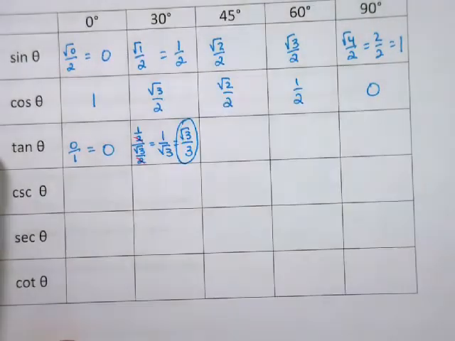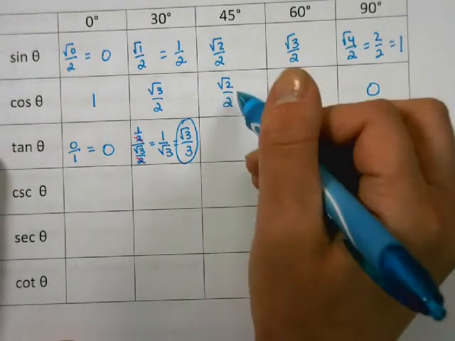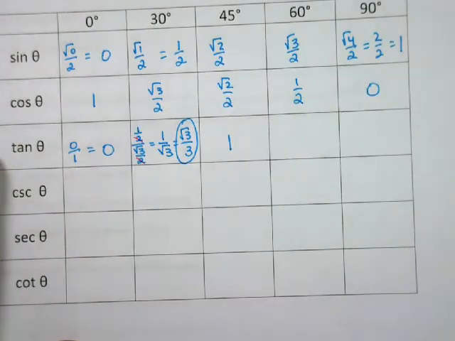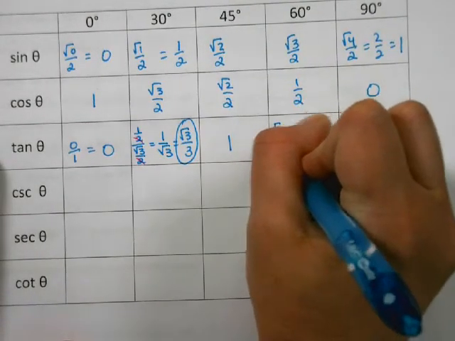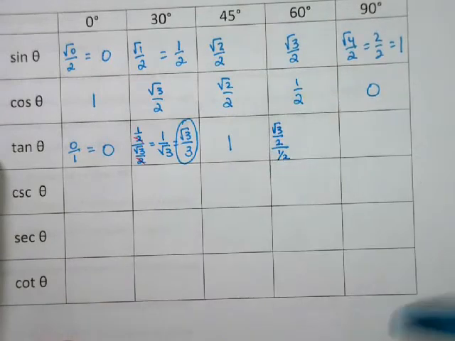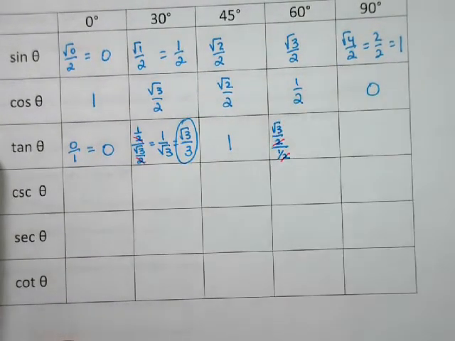We'll circle, so you know what he is. All right, how about root 2 over 2 over root 2 over 2? 1. It's the same thing on the top and the same thing on the bottom. That guy's 1. Okay. Root 3 over 2 over 1/2. Same denominator, so they cancel.